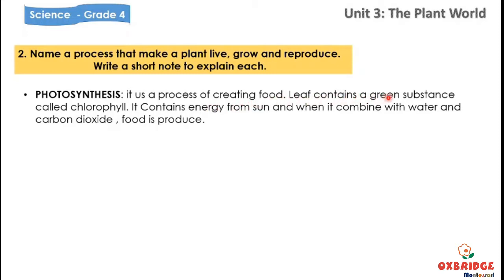The leaf contains a green substance known as chlorophyll. It absorbs energy from the sun, and when it combines with water and carbon dioxide, food is produced. So, a combination of water, carbon dioxide and sunlight is used to produce food.